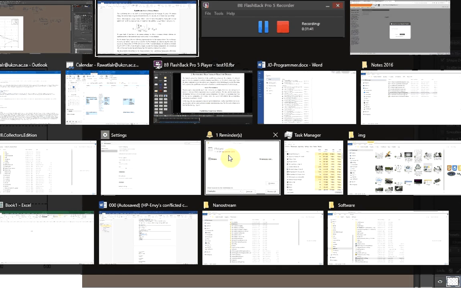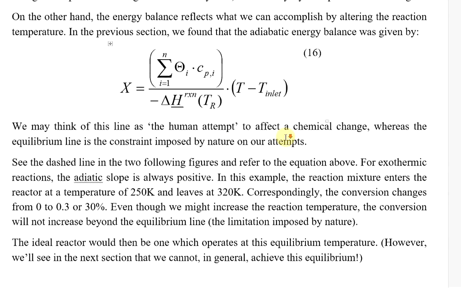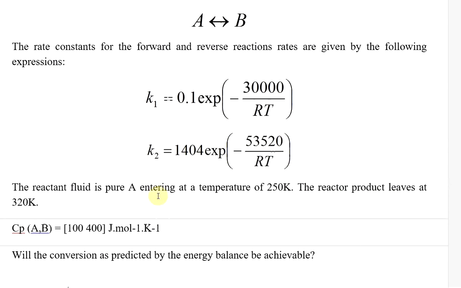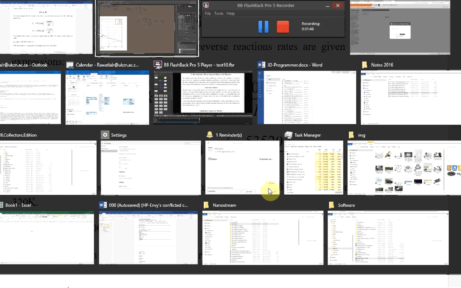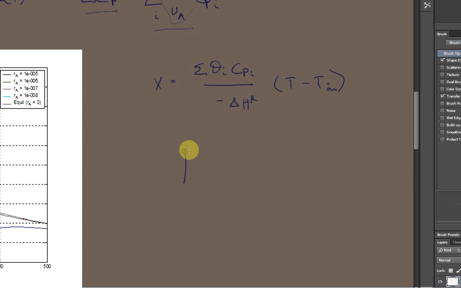Now, if we look at this question, it says that we have pure A entering the reactor. So just a quick sketch of a reactor here.